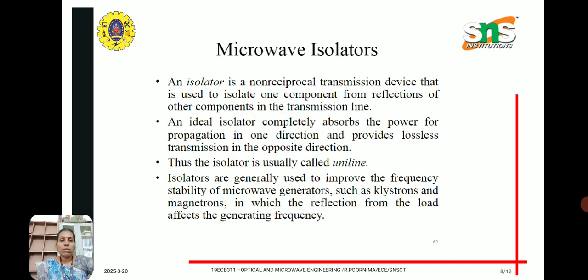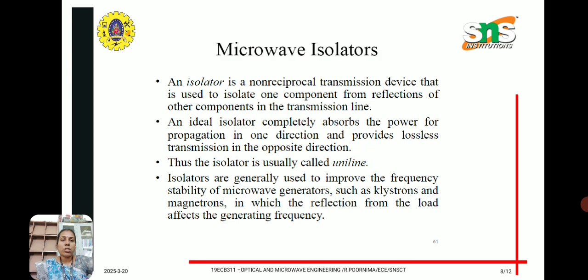Next we are going to discuss microwave isolators. An isolator is a non-reciprocal transmission device. It is also used to isolate one component from reflections from other components of the transmission line. For example, if we have a source like a klystron, we need to isolate the component from load reflections.